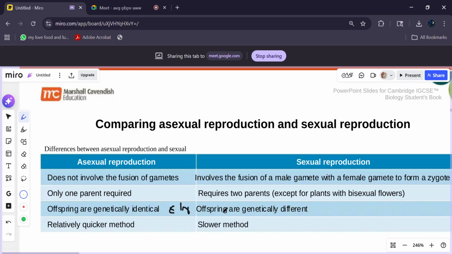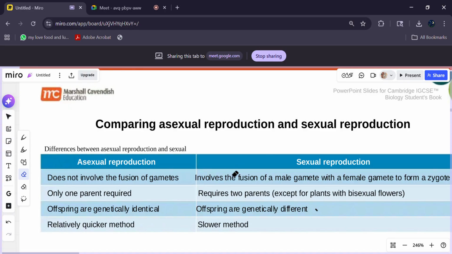In asexual reproduction, this does not involve the fusion of gametes, and only one parent is required. Offspring are genetically identical, and it's a relatively quicker method.